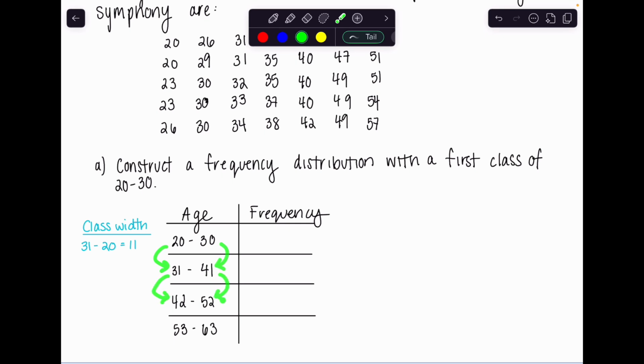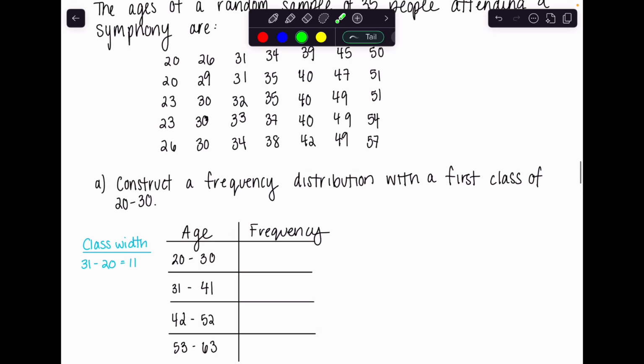Add 11, add 11, add 11, add 11. And all of those get you those end caps. In this case, when it's nice values, it's not a problem. But if your class width is something like 0.5 or 0.8 or 7.3, that one's a little bit more difficult. So just adding that class width each time might be a little bit easier for you.